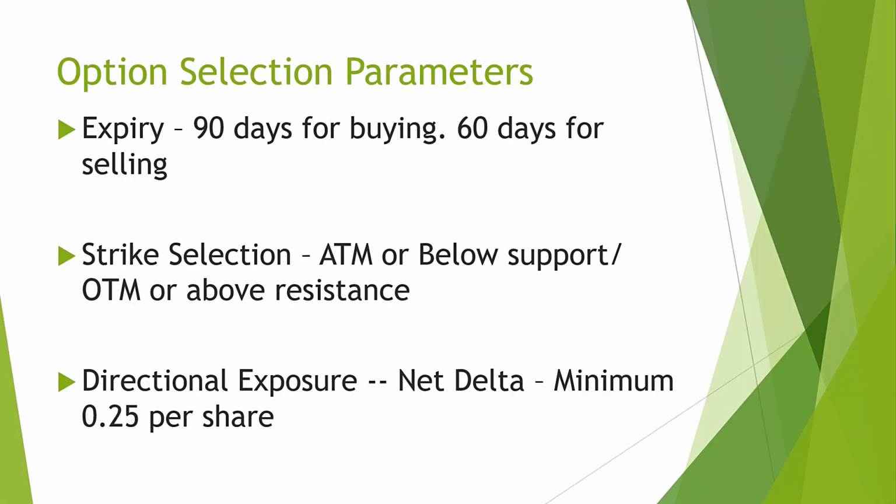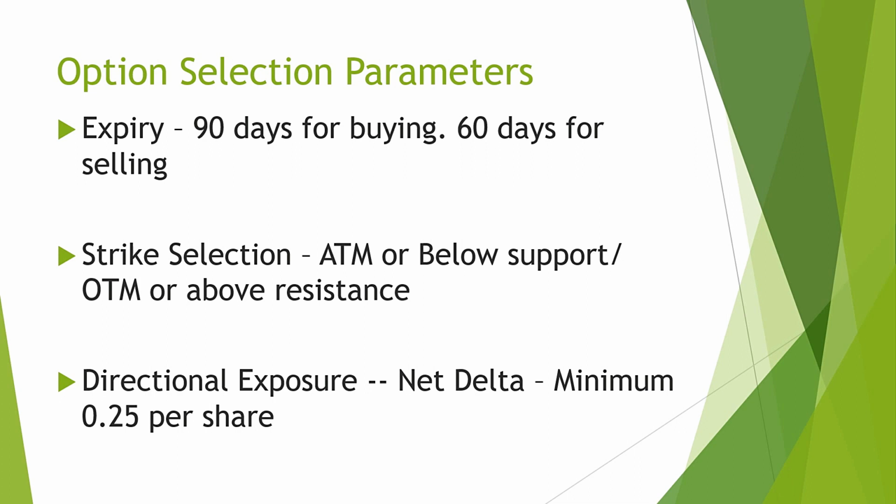Now let's see option selection parameters. As already discussed, we should buy options with 90 days to expiry whenever we want to buy for the long term. Strike selection is important. For option buying, it is always better to buy at the money options or slightly in the money options.